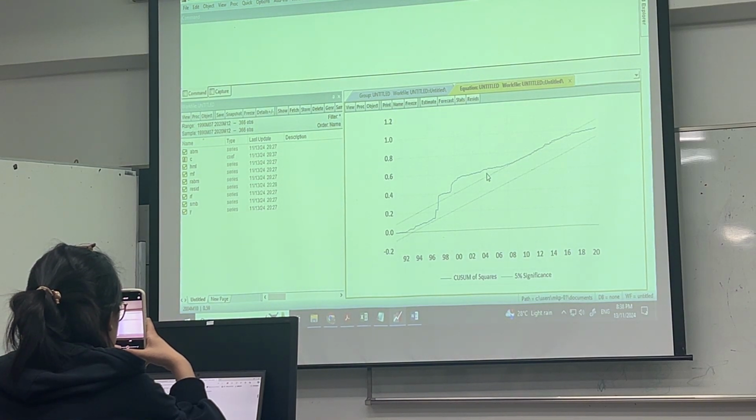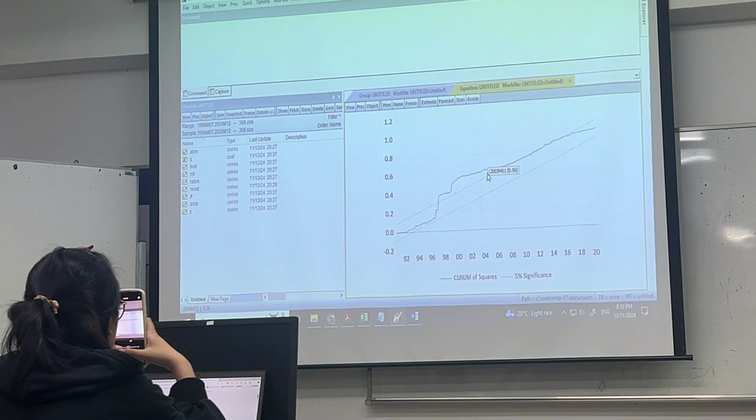You still remember one of the slides we mentioned about regional culture and regional diversification, right? The culture as well as the region in the Malaysia case are different compared to the US case, right? So we have to do something like this to make my model validate the assumptions, like the Ramsey RESET.